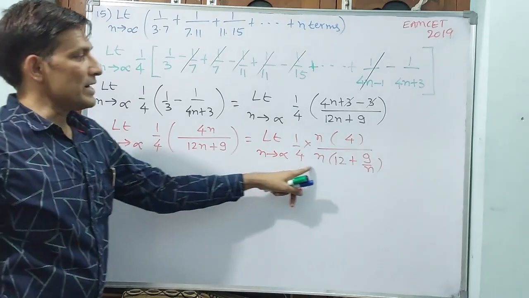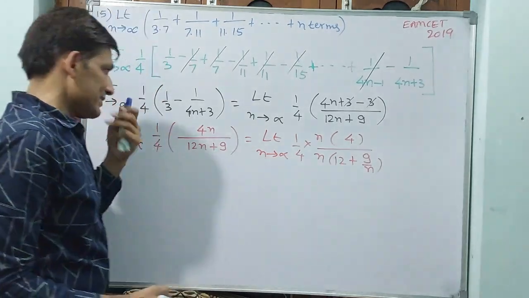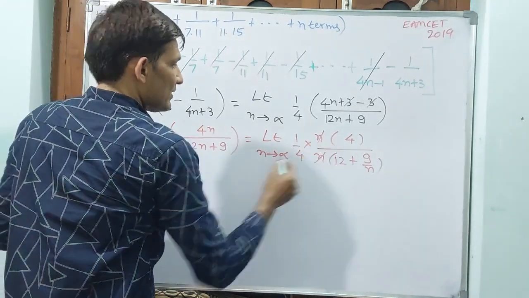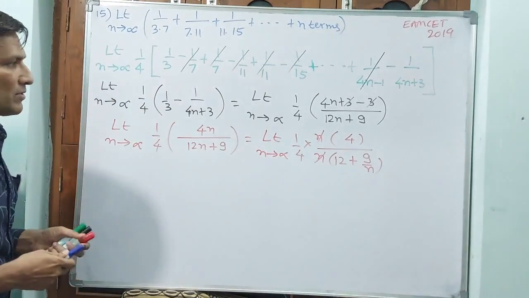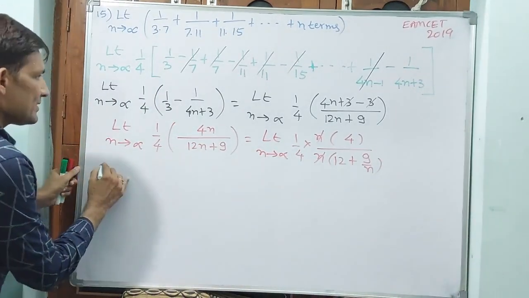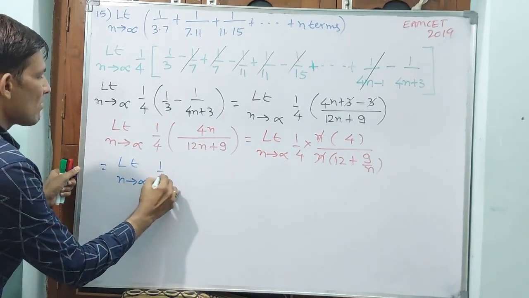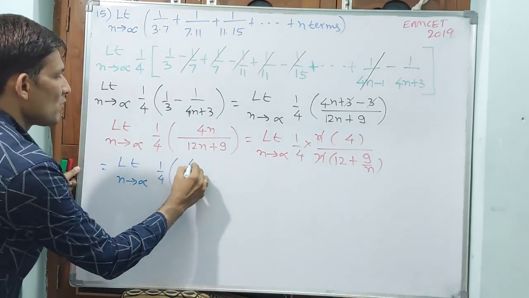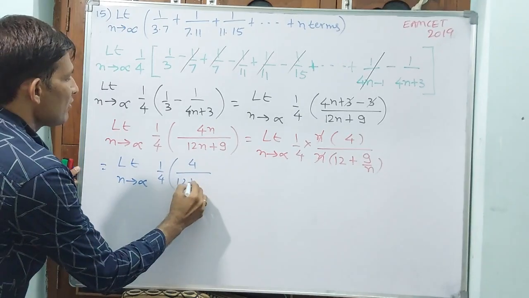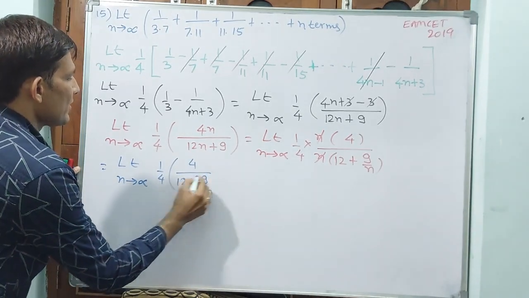Now you cancel out this n. First write, then we will apply limit. Limit n tends to infinity 1 by 4 into 4 by 12 plus 9 by n.